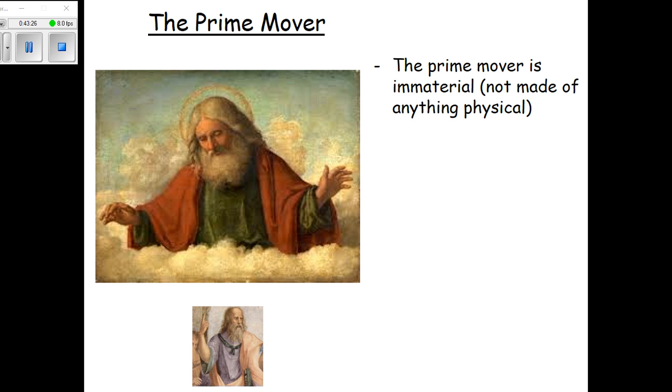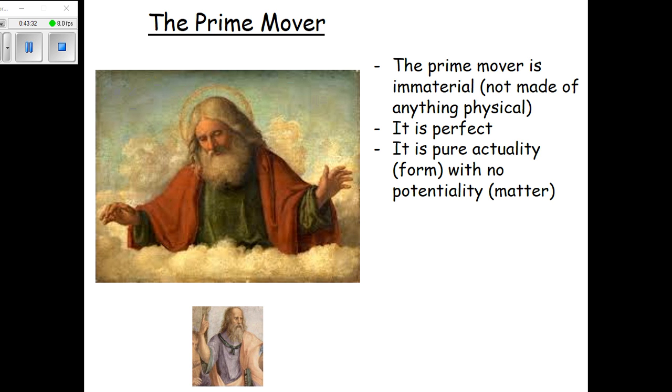So the prime mover is immaterial. He's not made of anything physical, because he has no material cause. He's perfect. He's pure actuality with no potentiality, which means he doesn't have any potential to move, or potential to be anything other than that which he is. So if you think about it, an acorn has the potential to be an oak tree through motion, but God doesn't have the potential to do anything.